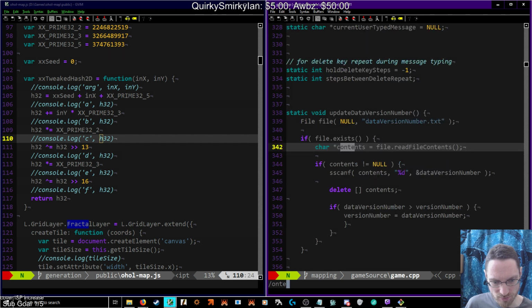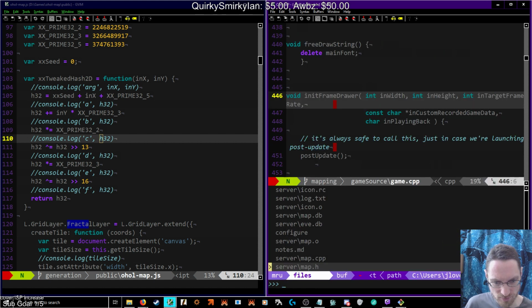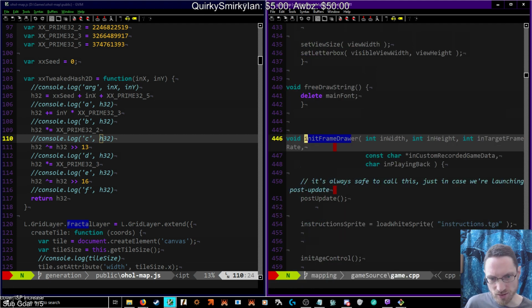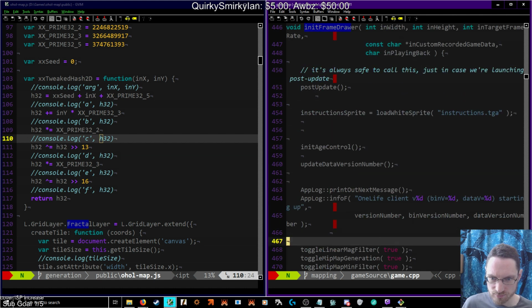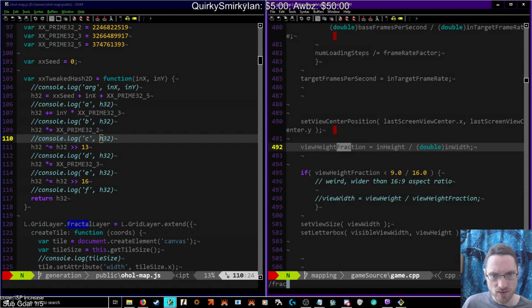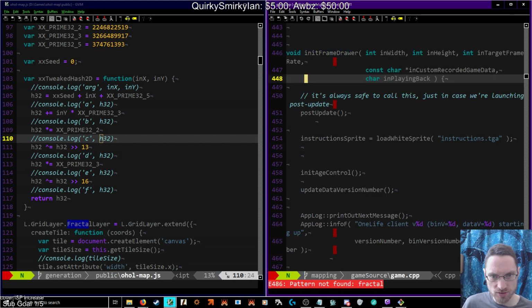Unless there's a onelife.cpp? No. I think game is kind of it. Okay, well, it considers this pretty early. Now, you don't directly include the fractal stuff right now.